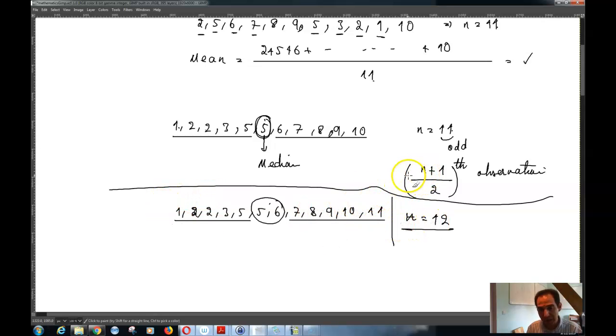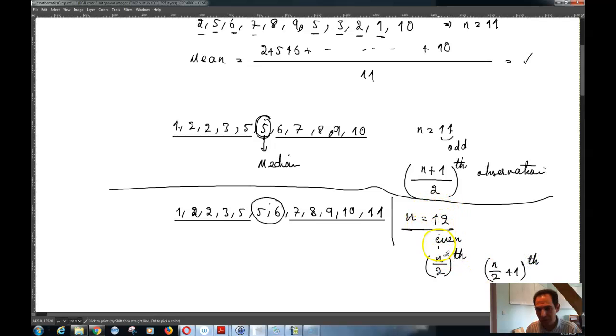So the way that you can calculate the median of all of these observations, since your n is an even number, is you can simply go with the n divided by 2th observation, and also the n divided by 2 plus 1th observation.